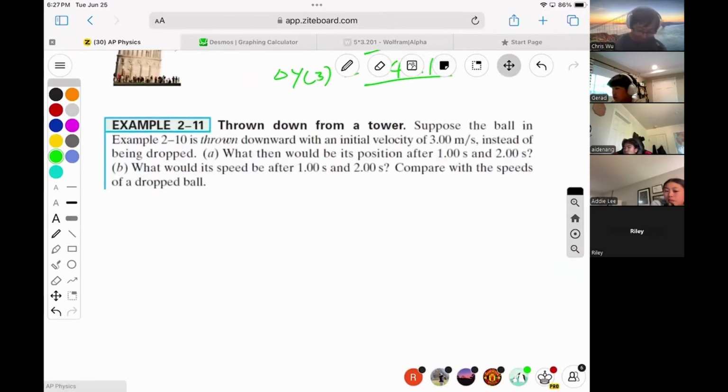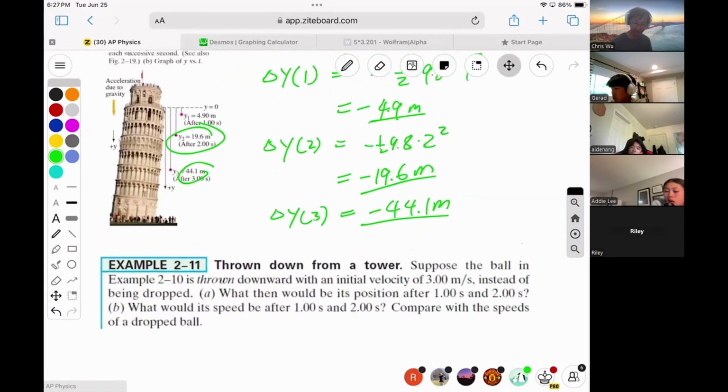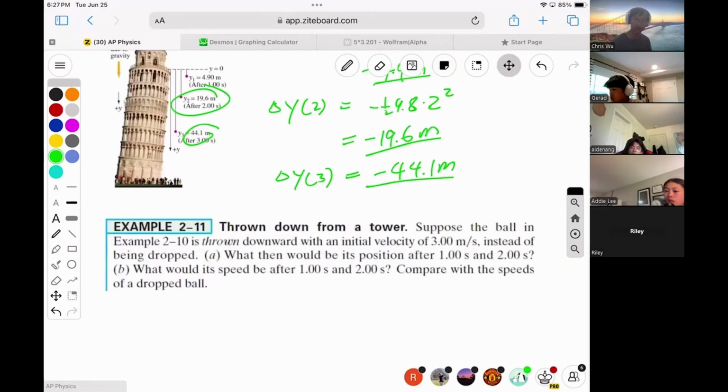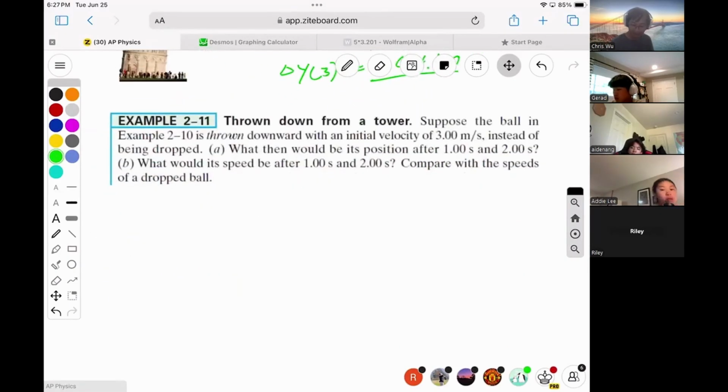Okay, next, this one: thrown down from a tower. Suppose the ball is no longer being dropped from the tower. Oh, by the way, this is exactly what Galileo did. Galileo stood on top of the tower of Pisa and dropped, I think, a rock and a wooden ball, and proved that gravitational acceleration is the same for everything, despite the weight.